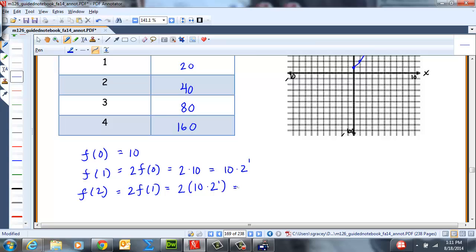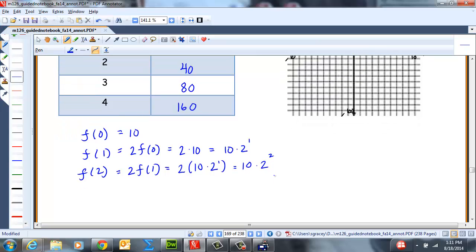So that's going to give us 10 times 2 squared. Are you starting to see a trend? So let's go on. F at 3 was equal to 2 times f at 2, which was 2 times 10 times 2 squared, which gives us 10 times 2 cubed. We'll do one more, but I think you can see what's happening here.